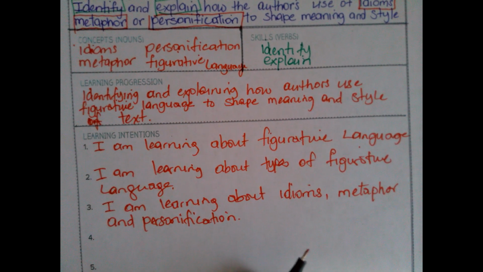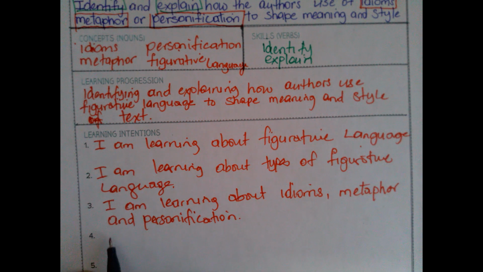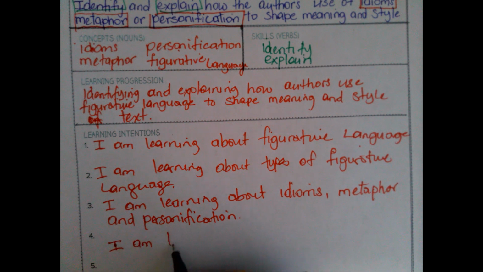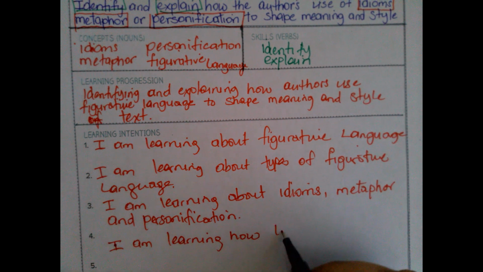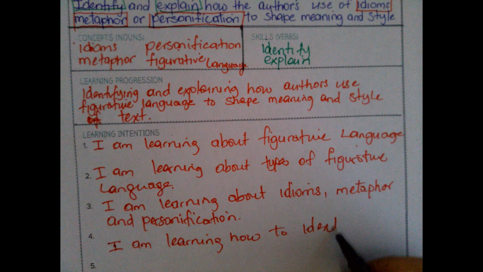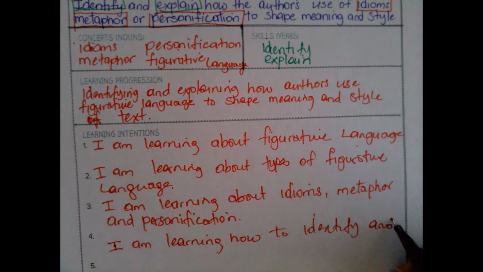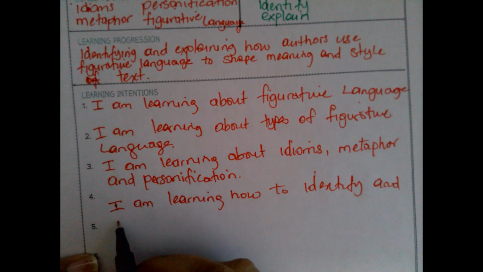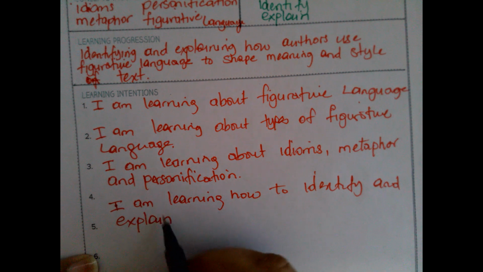All right, and what were we at? Numbers 1, 2, 3. Number 4 would be, okay, I'm learning to identify and explain.